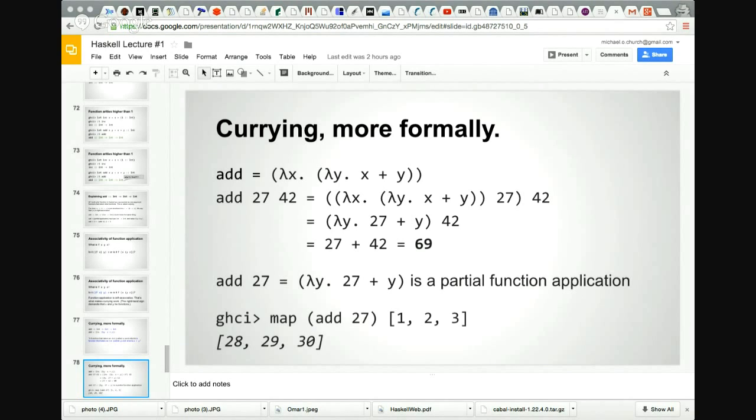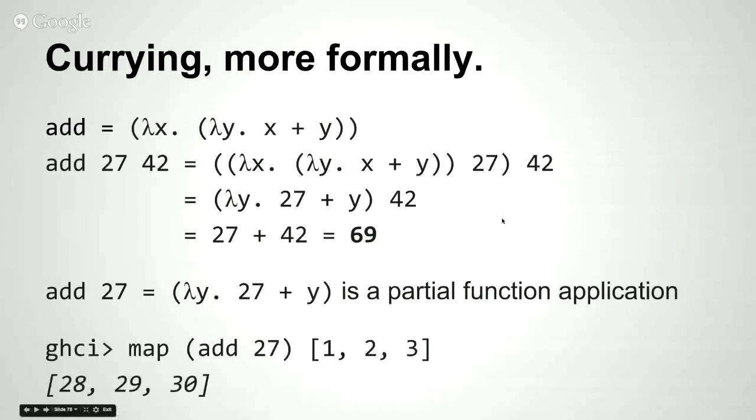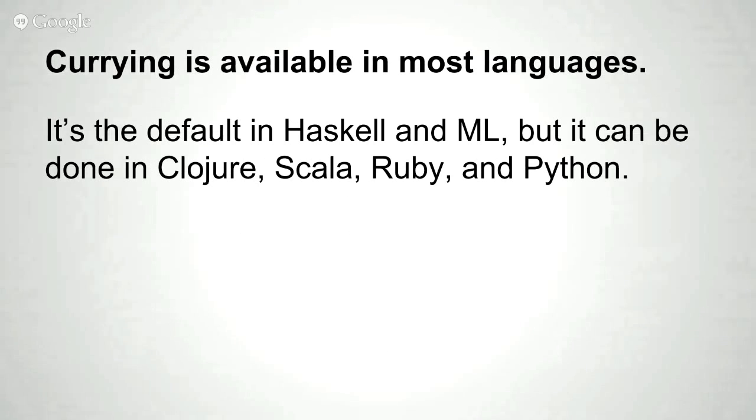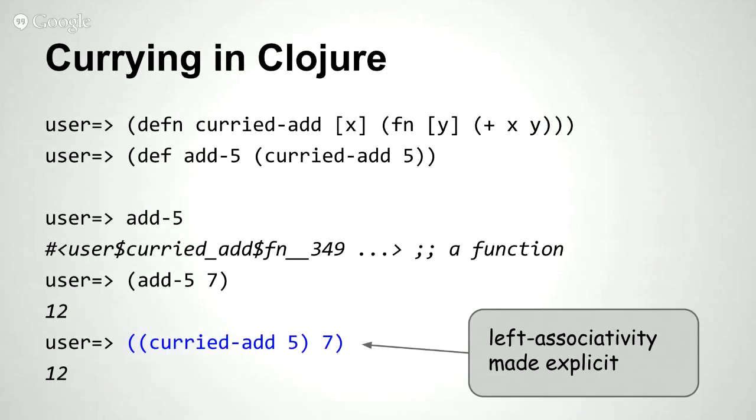So when you see it, I want you to know what it is. But you can define functions and use them without knowing how currying works. It's just much easier to read the code and understand the code if you do. And if you're not getting it now, like I said, it takes a while. Come to me. I'll explain everything. And yeah. So currying is the default in this language, but it can be done in others.